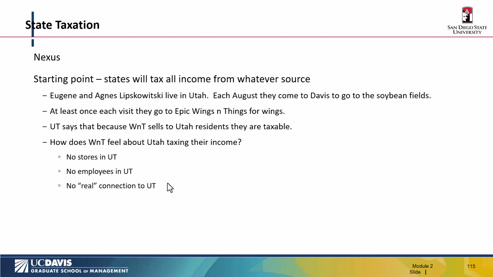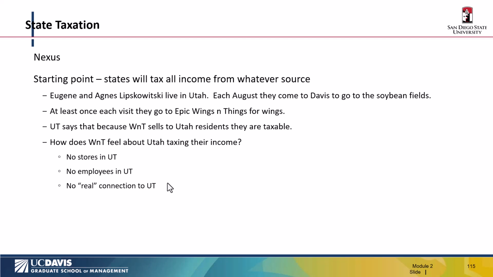Well, how's Wings and Things going to feel about Utah taxing their income? They don't have any stores in Utah, they don't have any employees in Utah, and no real connection to Utah. Now, I don't know that that's true, Wings and Things may actually have those things, but for our hypothetical, we're assuming they don't have any connection whatsoever to Utah.